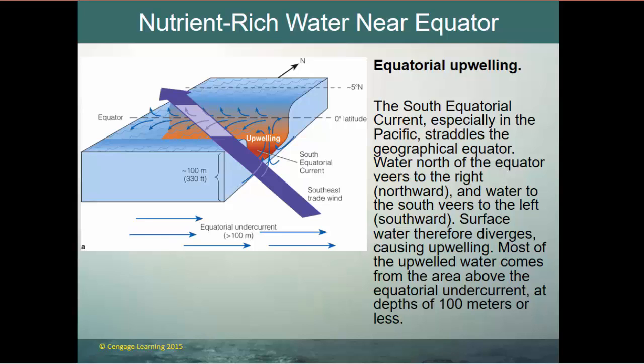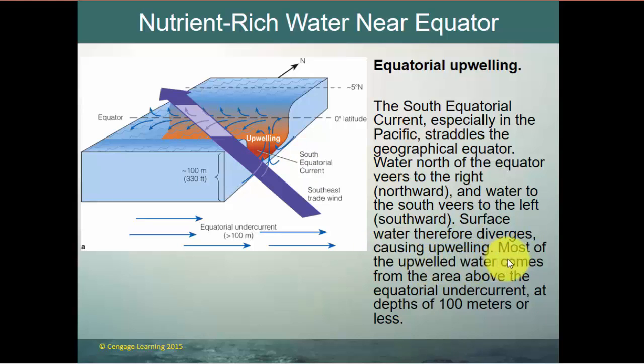If you look right at that 0-degree latitude, to the north it moves to the north, to the right, and to the south it moves to the south, to the left. So the water here is diverging. The mass here is moving away, so it has to be replaced. And it's replaced by this upwelling. Surface water, therefore, diverges, causing upwelling.